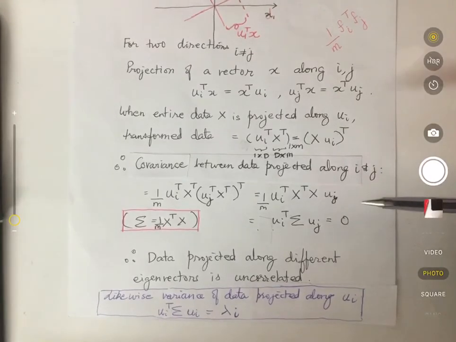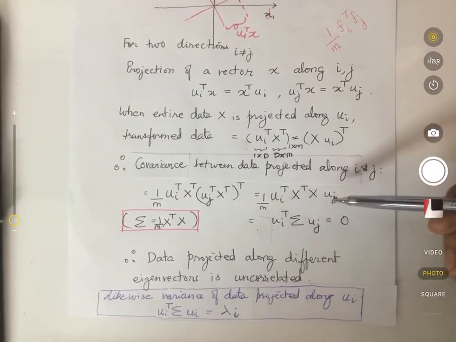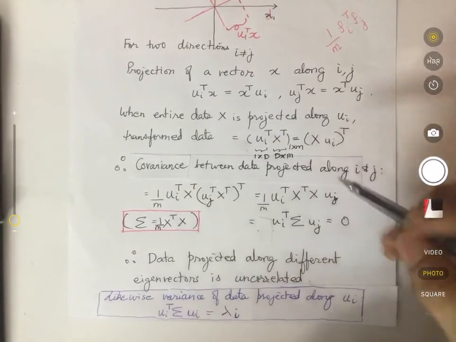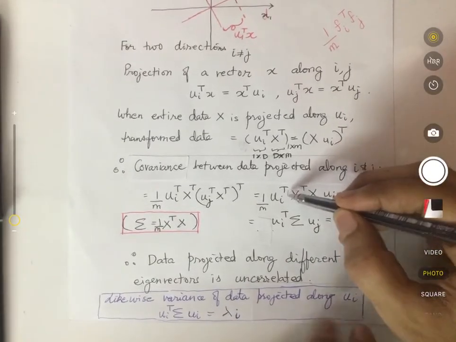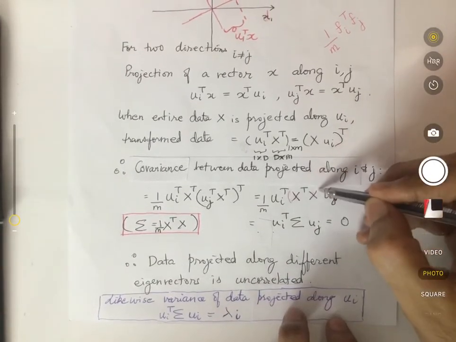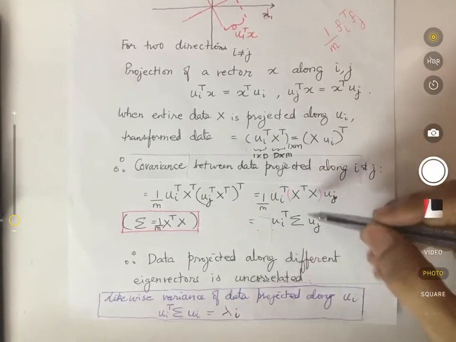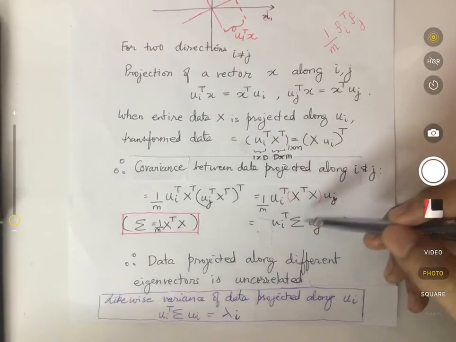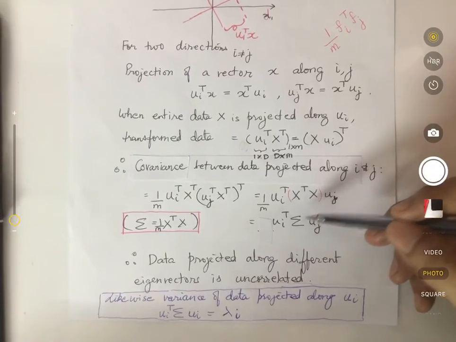We already know that multiplication is associative, right? So why not just multiply these two first, x transpose x, and when you do that, you get the matrix sigma, which we have discussed in one of the previous video clips.